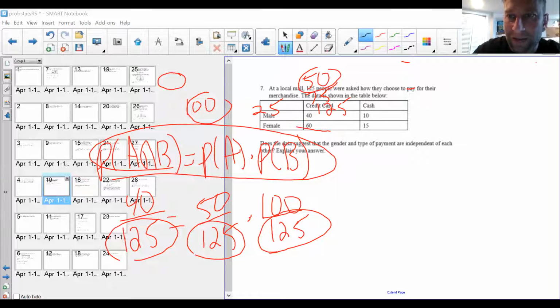My right-hand side is 50 over 125 times 100 over 125. That's 8 over 25. So they're both 8 over 25.